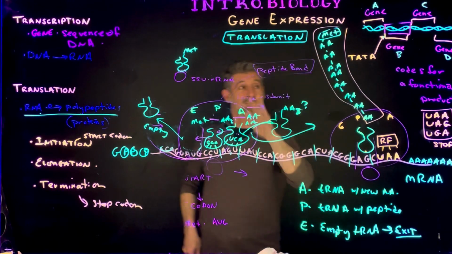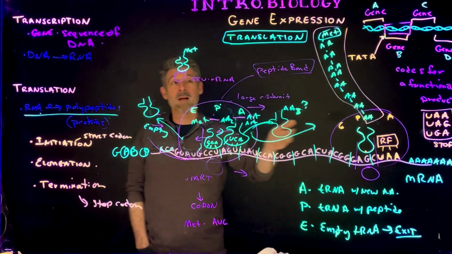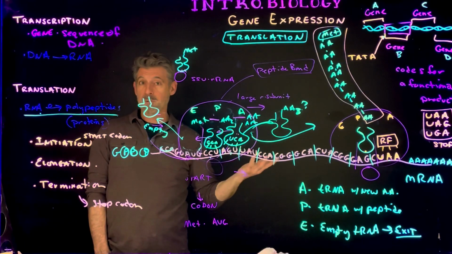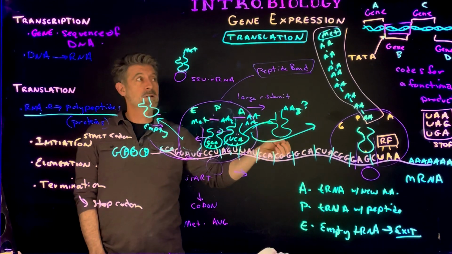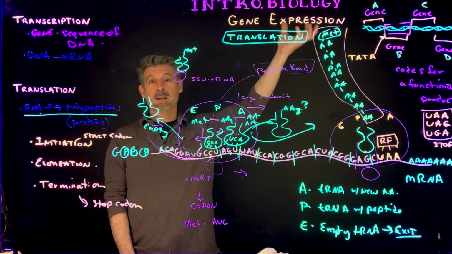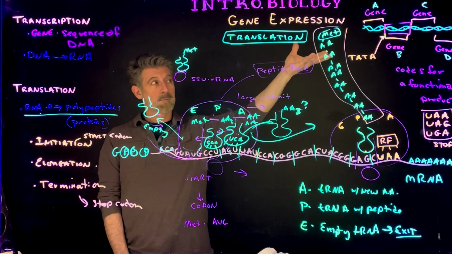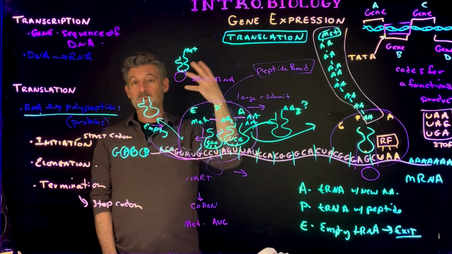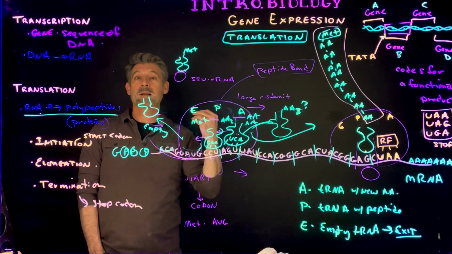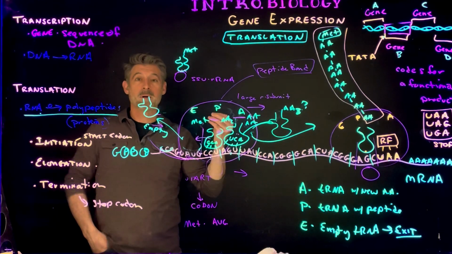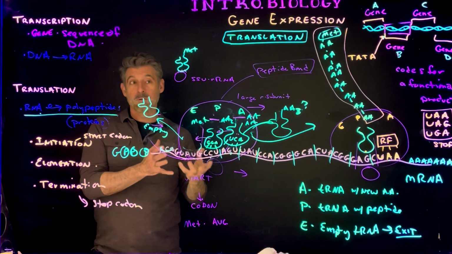And that polypeptide could become a functional protein in the cell. Right? And that would be then the expression of the gene. So the gene in the DNA has now been expressed as a specific enzyme or as an active transport pump or some other thing that will do a job in the cell.